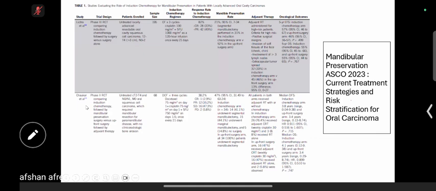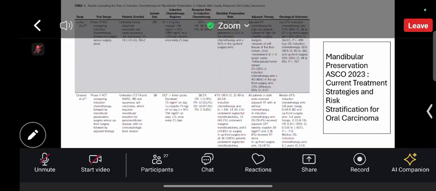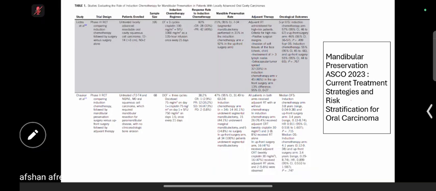Next is another study, a phase 2 randomized controlled trial, mainly comparing induction chemotherapy in T2 to T4 lesions with a cohort of 68.